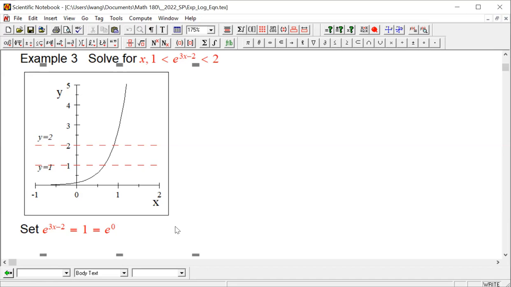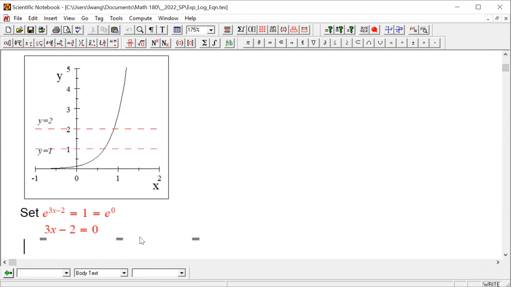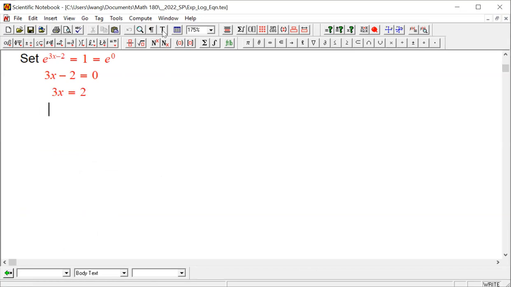And therefore, because e to the power x is a one-to-one function, 3x minus 2 is equal to 0. As a result, 3x equals 2, then x equals 2 over 3.